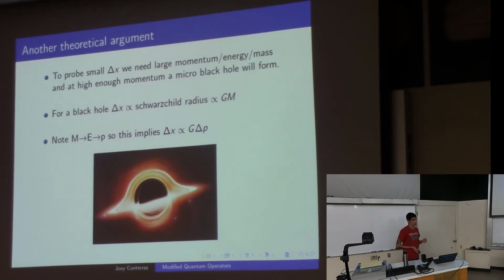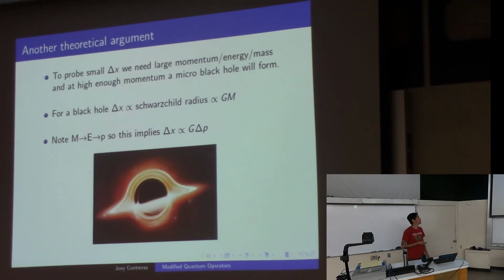Consider this theoretical argument. To probe small uncertainty in position, we need very large momentum. Very large momenta can be associated with very large energy, and because of the Einstein relationship, can be associated with very high mass. And so, at a high enough momentum, a black hole, or micro black hole, will form. Now, for a black hole, the uncertainty in position is proportional to the Schwarzschild radius, which is also proportional to the product of the gravitational constant and the mass.